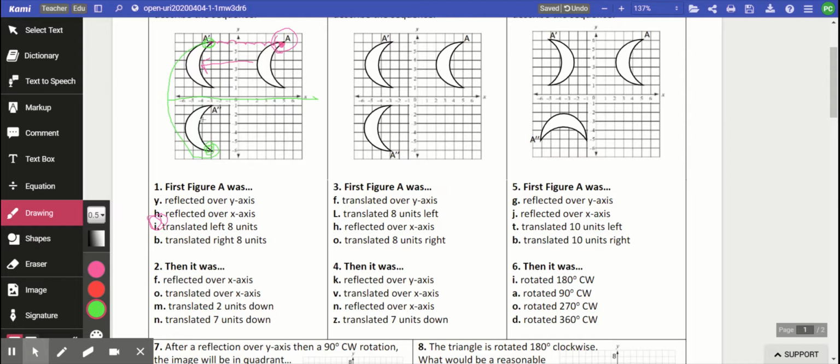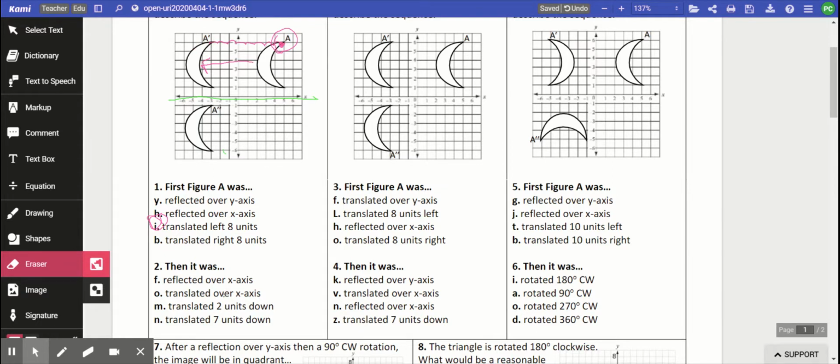In a reflection, everything becomes opposite, so top becomes bottom. So that A prime should have moved down here, and this would have been A double prime. But we can see that A double prime was on top. So that means F is not the correct answer.